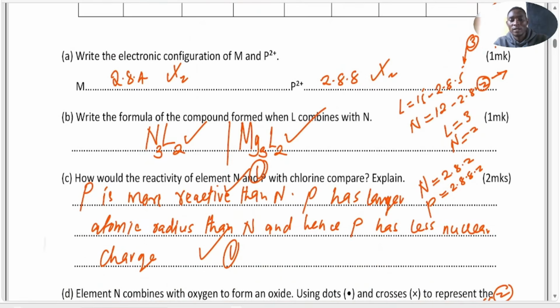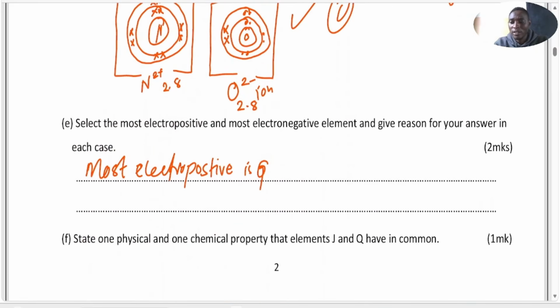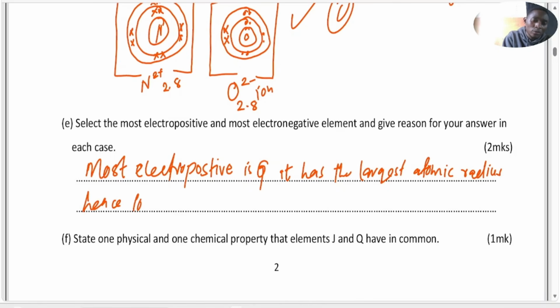It is the most reactive metal. And the reason that you are going to give is it has the largest atomic radius, hence loses electrons more easily.